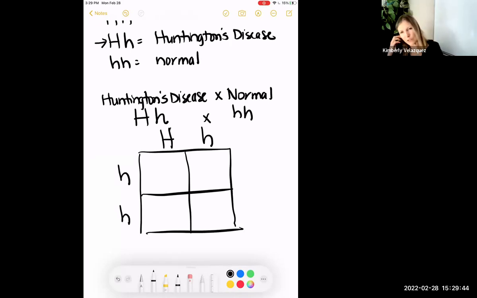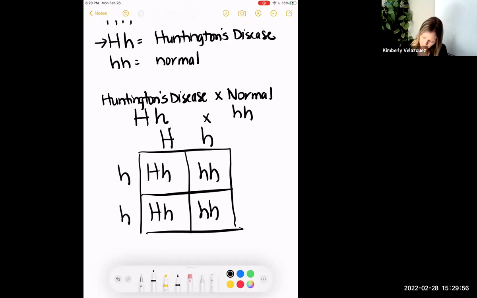It's autosomal, so it doesn't matter which parent has Huntington's disease and which one is normal. It doesn't matter if it's mom or dad, so I'm just leaving that out of the story. So sadly, if you look at this, on average, 50% of the offspring are going to have Huntington's disease.